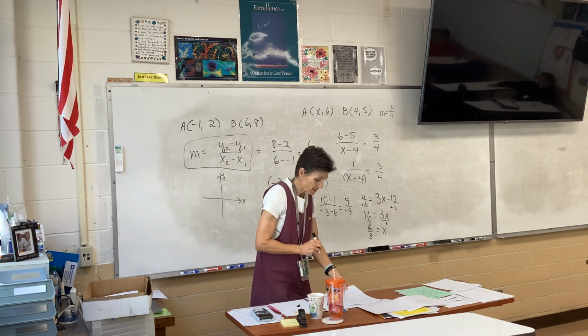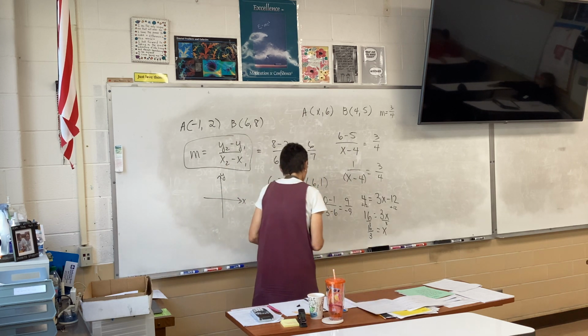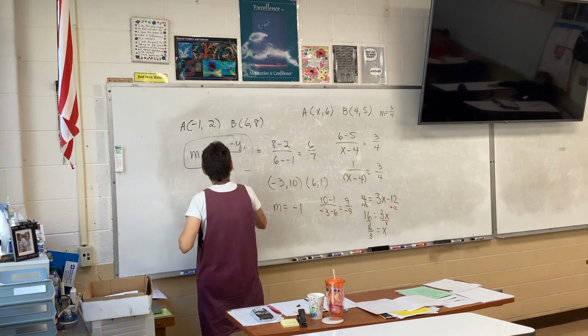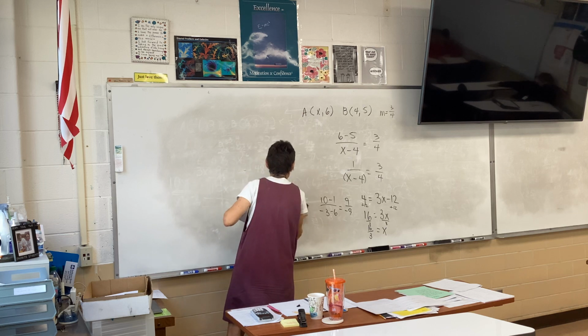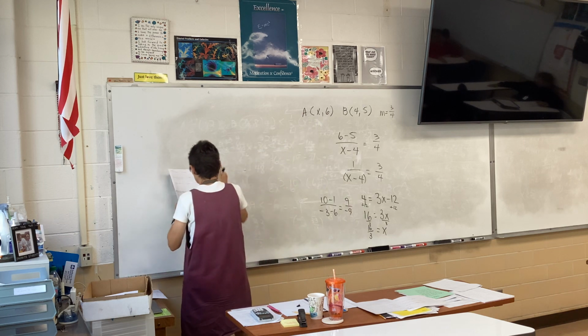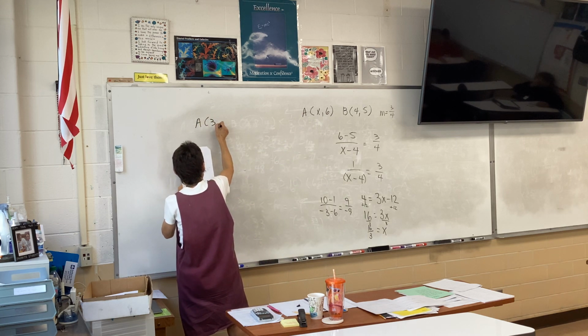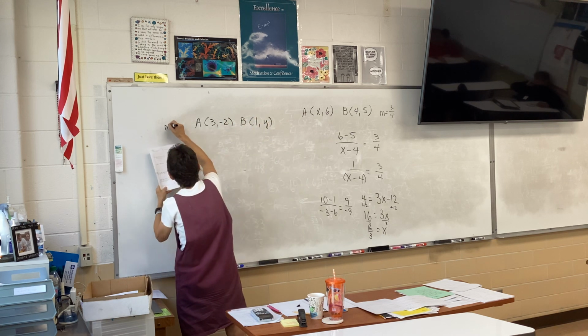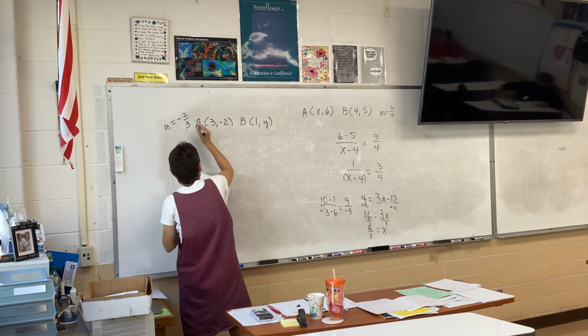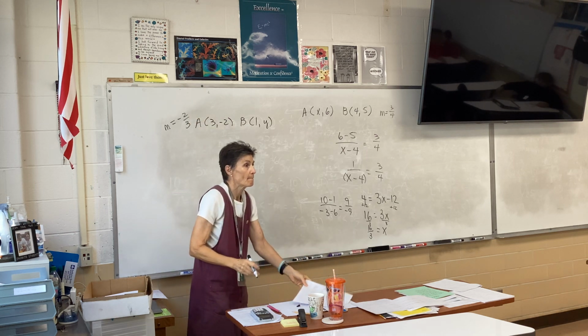All right, let's see about the next one. It's the same kind of thing. Let's see if we can sort that one out. So we have 3, -2, and 1, y. And we know our slope is -2/3. All right, who can set this up for us?